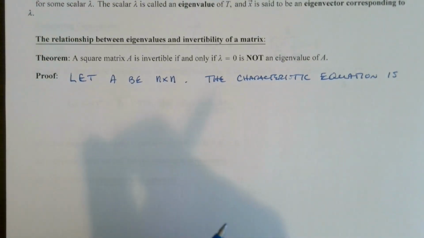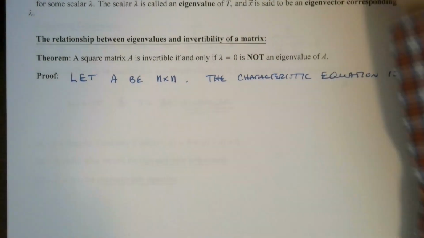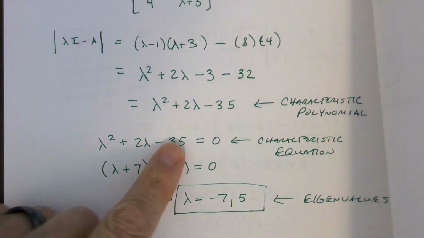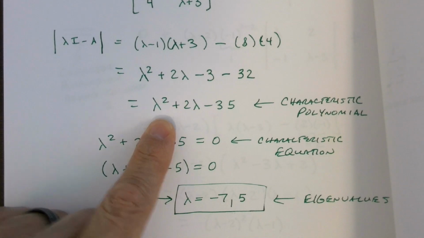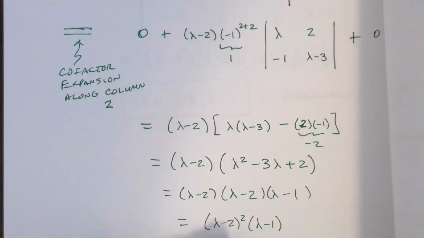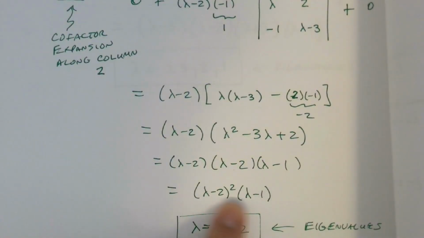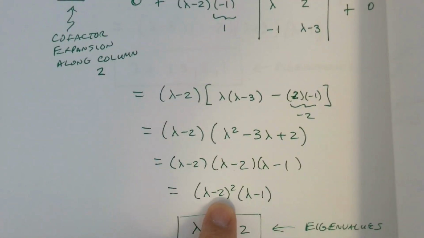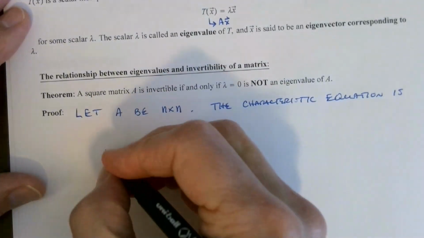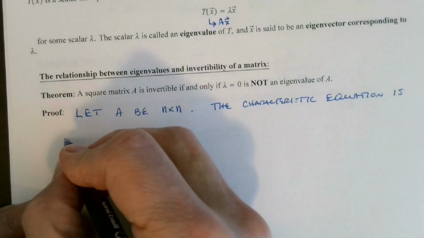We looked at some examples here. Here was the characteristic polynomial for a 2 by 2. The characteristic polynomial for a 3 by 3 was here in factored form. If I expand all this out, what's the highest degree term going to be? Lambda cubed.